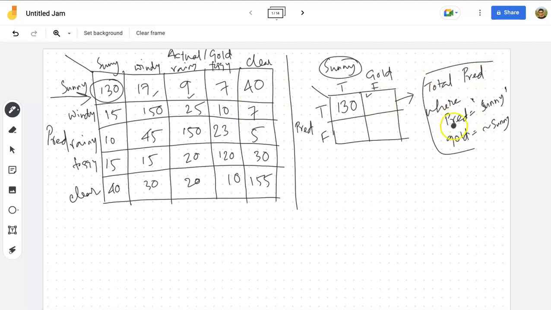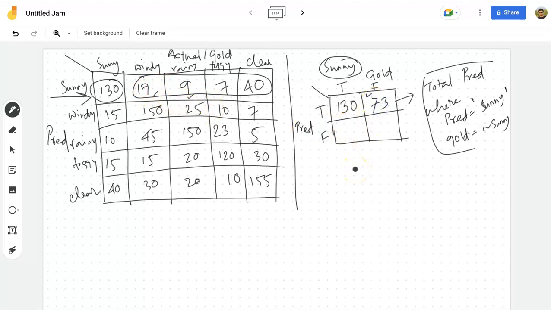How to calculate it? It is the sum of all these values, all this row's values. Your model predicted sunny, but the actual labels are not sunny. If you sum these four cells, it is 47 and 9 is 56, and 17 is 66, and 73. So it will be 73.